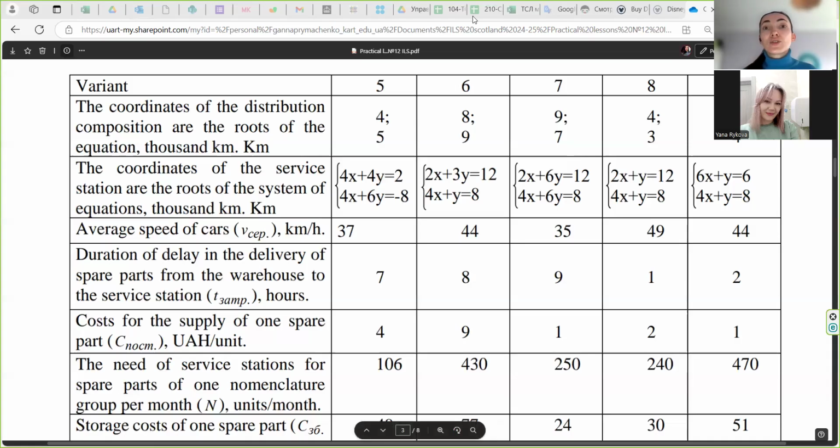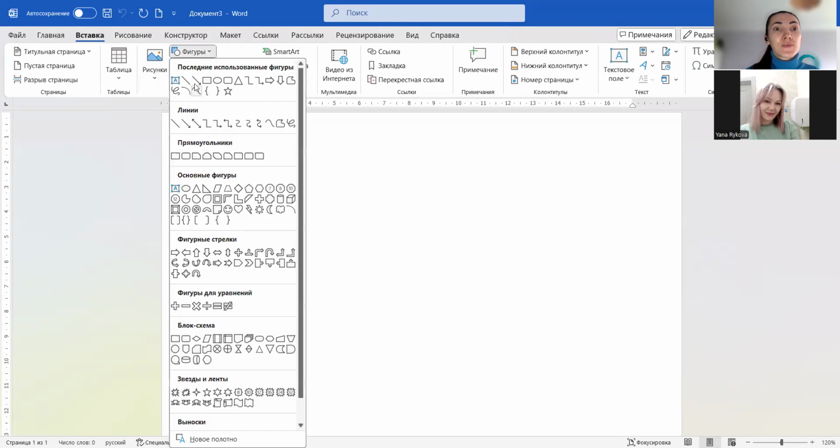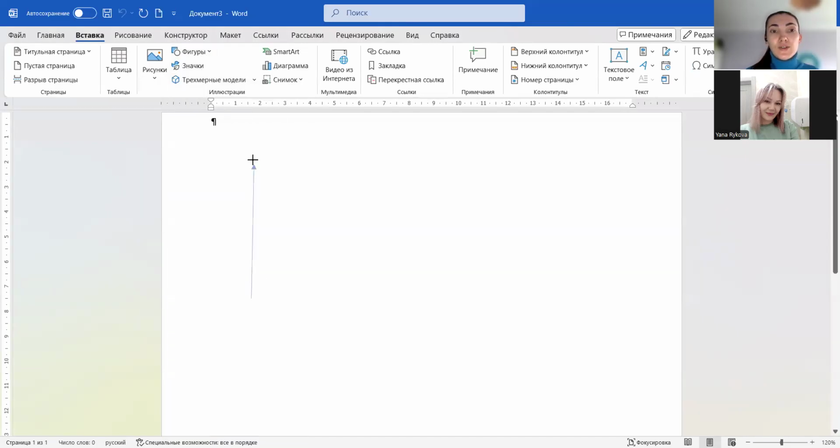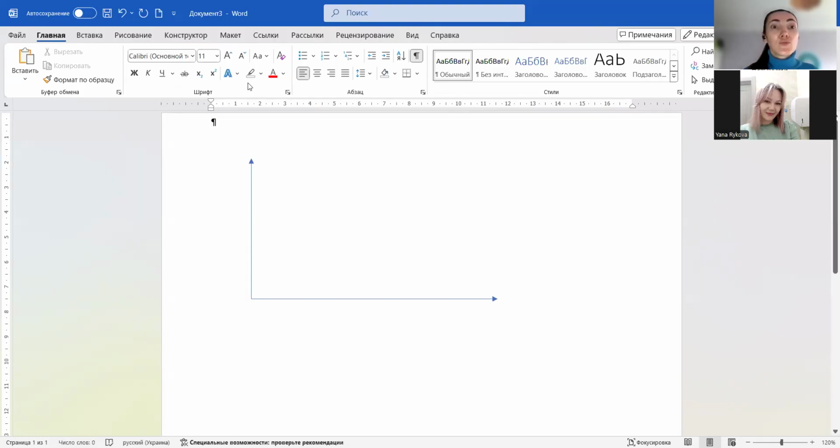Maybe I need to write it, one minute. I stop this and open an empty document to show it here. Maybe it will be better. If we have a coordinate surface, our y coordinate and our x coordinate, and we have 2 points.